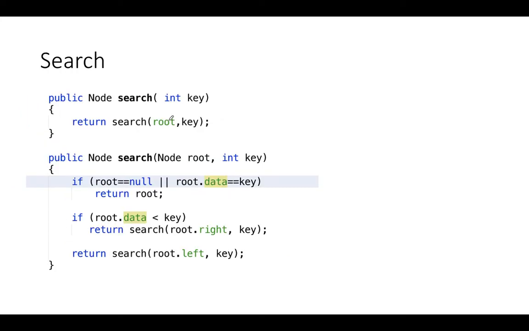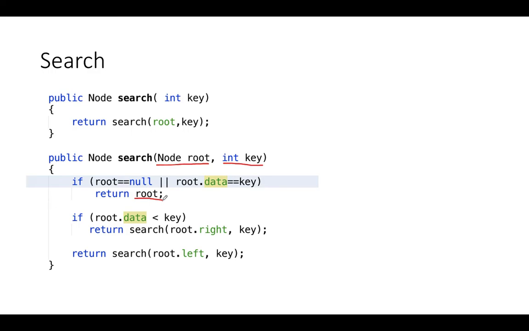We can also have a method called search. So again, we will use recursion. If we want to search for a key in a tree that has a root, if the root is null, we return null.